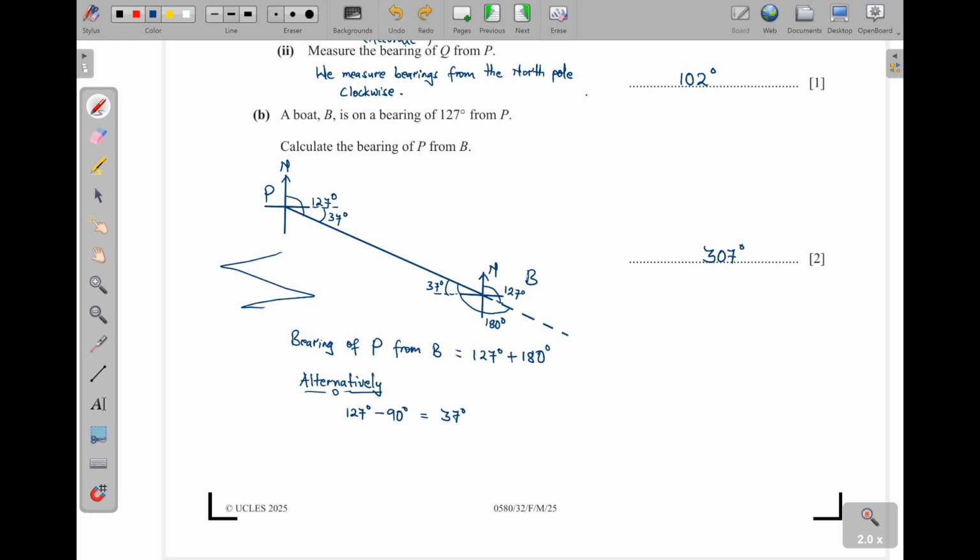Then after getting this as 37 degrees, we know that from here to here will be 270, because those are 90s, then plus the 37. So we shall say the bearing of P from B is going to be 270 degrees plus 37 degrees, which gives you the same answer, 307.